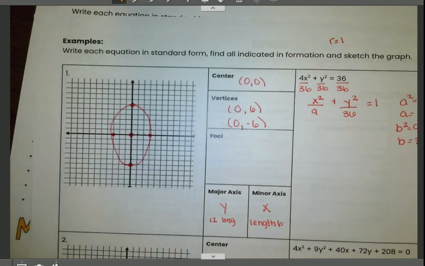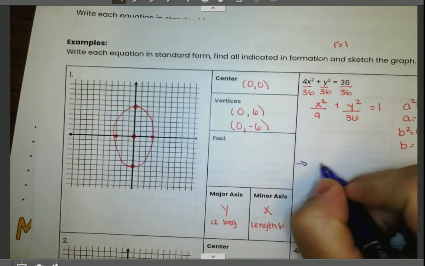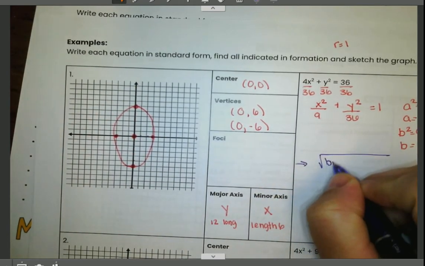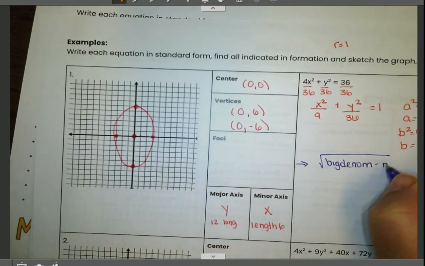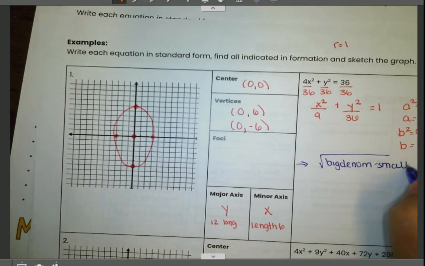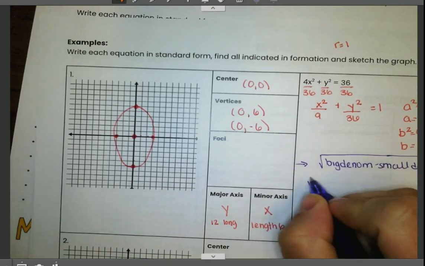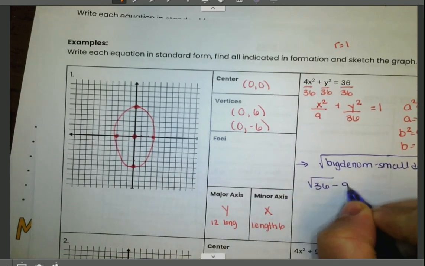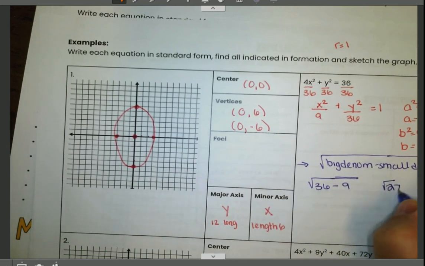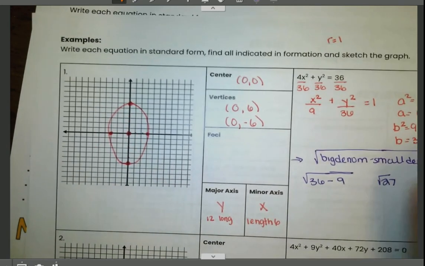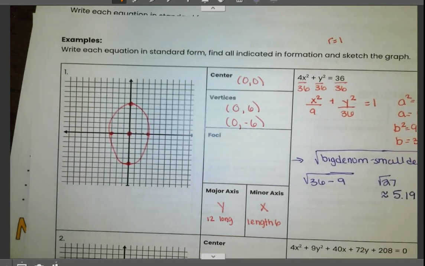So what you're going to do to figure that out is you're going to do the big denominator minus the small denominator, and that's under the square root. So my big denominator is 36. My small is 9. So when I subtract, I get radical 27, which is not nice to graph or count, but it's approximately 5.19.